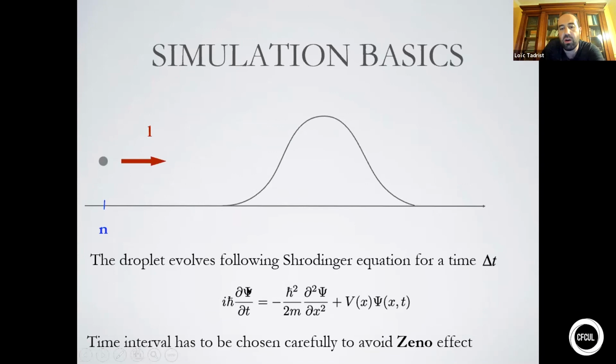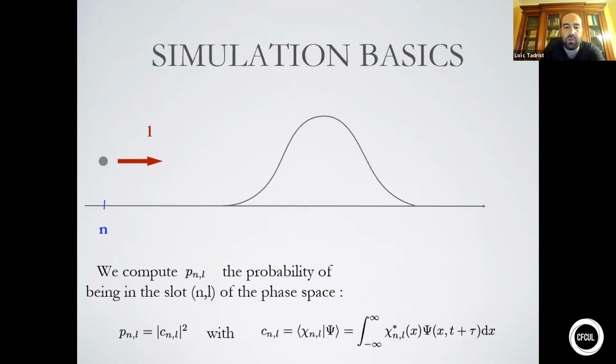So we have the wave function psi, which evolves in time and space. After some time, we measure this wave function by computing the probability that the particle is in a different box in the phase space. This probability P_NL is simply the square of the projection of the wave function psi on the projector.